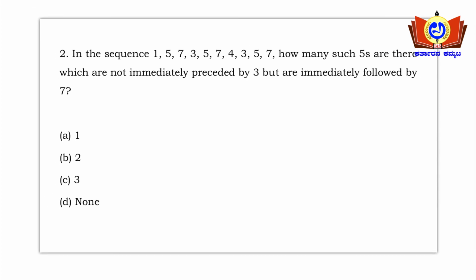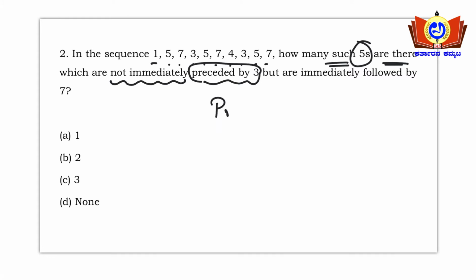In the sequence 1 5 7 3 5 7 4 3 5 7, how many such 5s are there which are not immediately preceded by 3 but are immediately followed by 7?